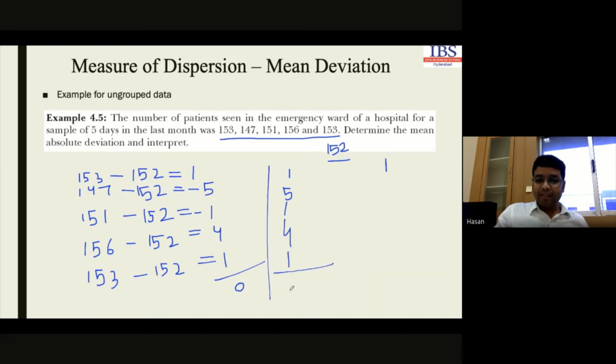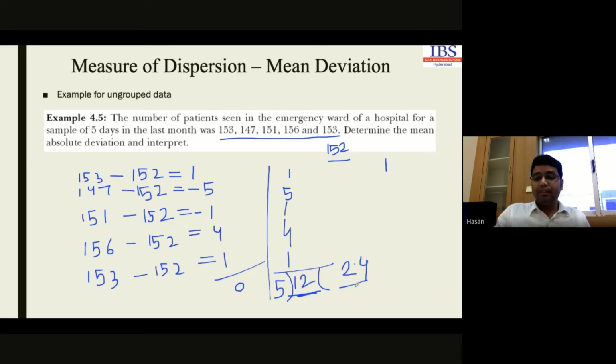If we take the sum, it will be 12. We have 5 data points, so we divide by 5 and get 2.4. This is the mean of the deviations, which gives the mean deviation.